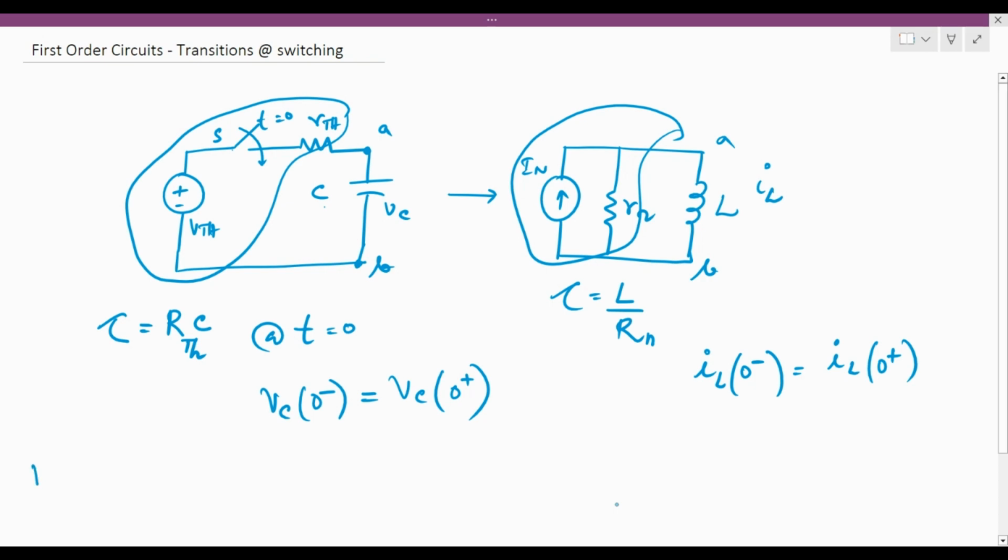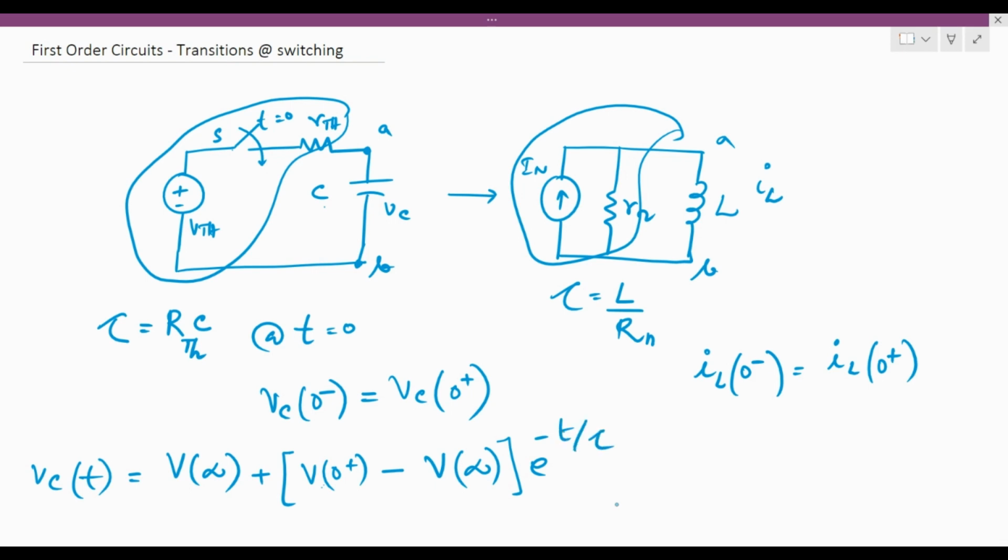In a general way, we can say that the capacitor voltage Vc of t will be given as V infinity, that is at t equal to infinity, which is the forced response or the steady state response, plus the initial value, Vc of 0 plus, minus the final value. The final value again would be the steady state response, into e power minus t by tau. So this is in the case of the capacitor.